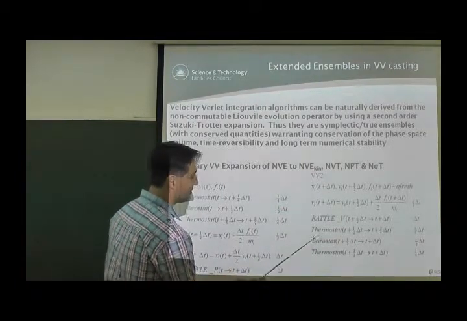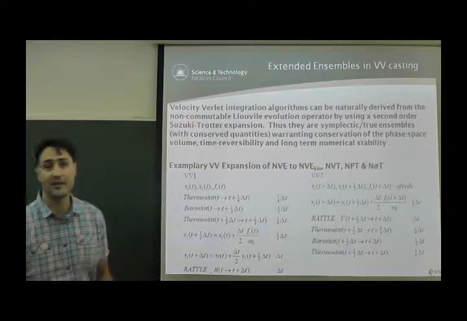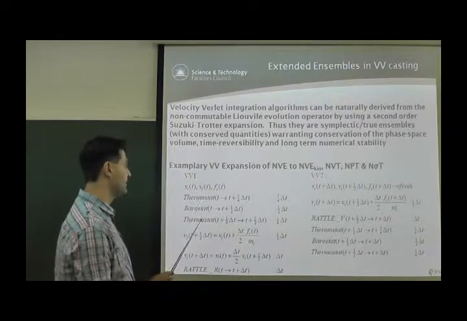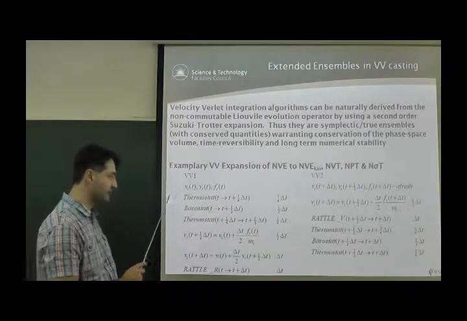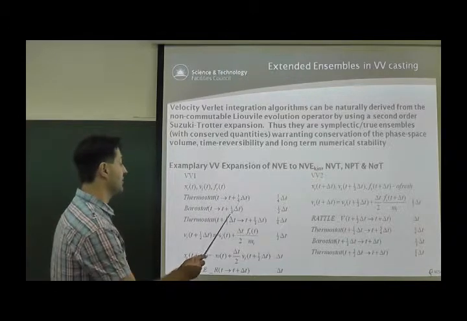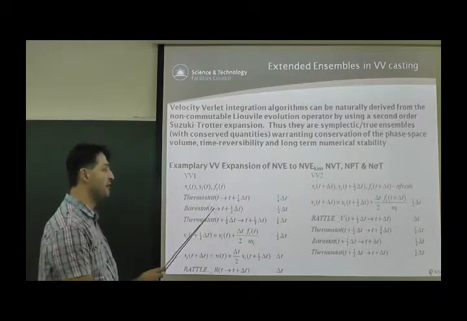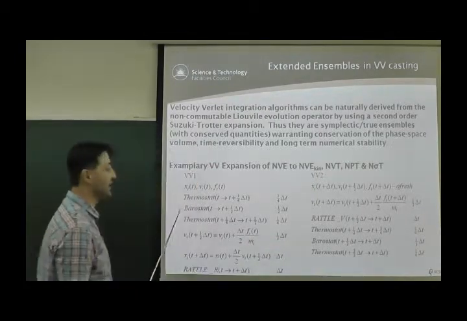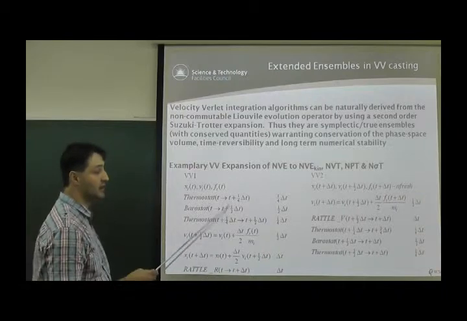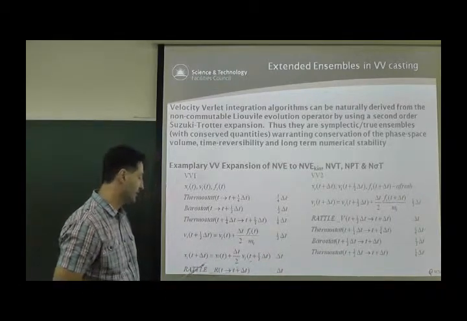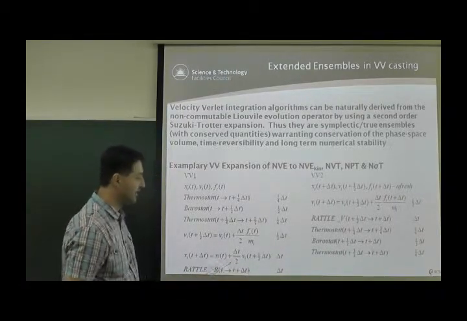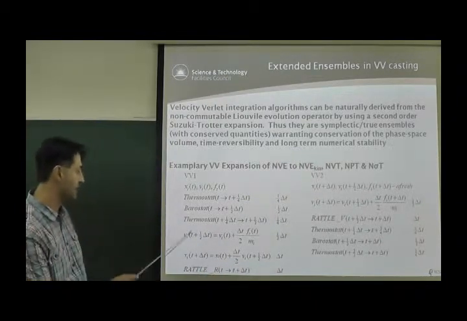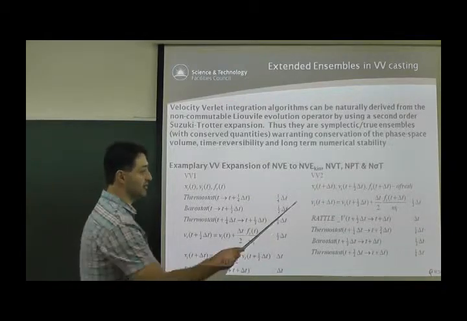These two will collapse, and instead of applied for a quarter of a time step, they will be applied for half a time step. If we include the barostat, thermostats are applied around the barostat step for a quarter of a delta t, while the barostat for half a delta t. So that at the end, the sum of time the barostat has been applied for the system is full delta t, for the thermostat is still full delta t. Here we have the two stages of rattle, the R stage, which is similar to shake, and the D stage. And the rest of the algorithmic equations are the same.